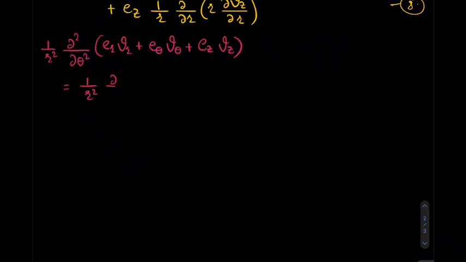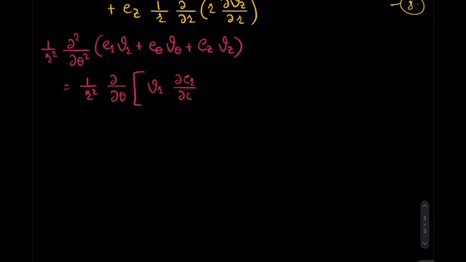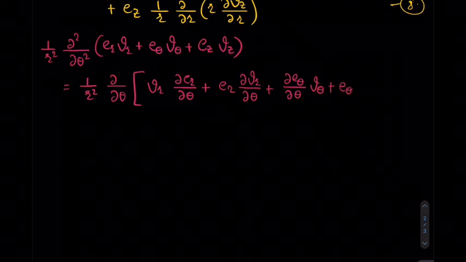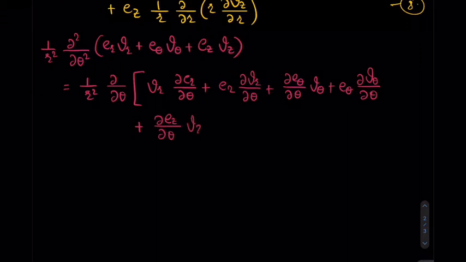So this gives 1 over r squared. Let us separate out the double derivatives and first take down the first derivative of all the terms inside, plus partial over partial theta of e theta into v theta plus e theta into dv theta d theta, plus d ez d theta into vz plus ez into d theta of vz.